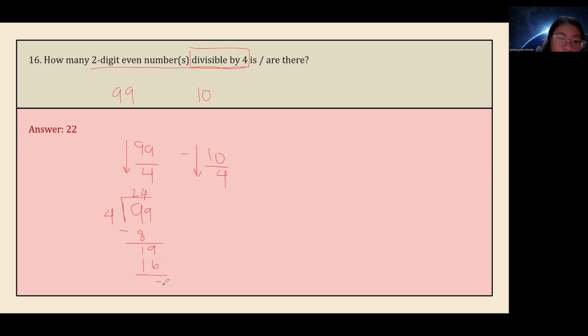So remainder 3. So we no longer need to account for the remainder, we just get this one. So I'm gonna write it here. 24. And now for 10 divided by 4.